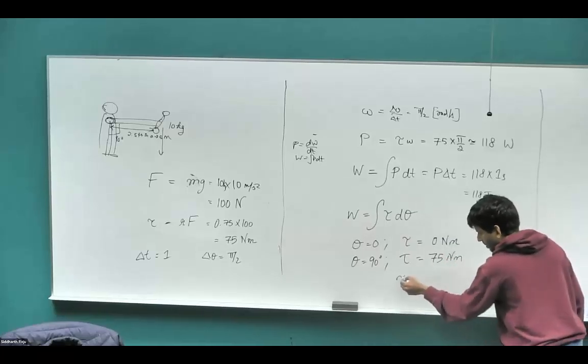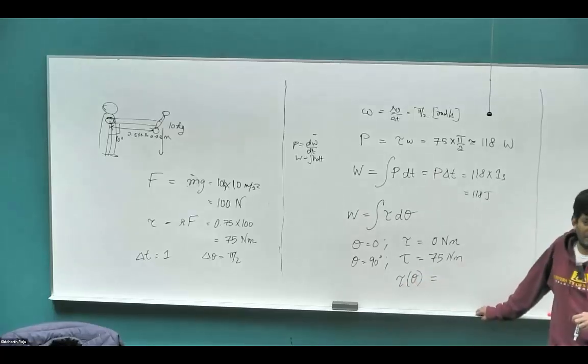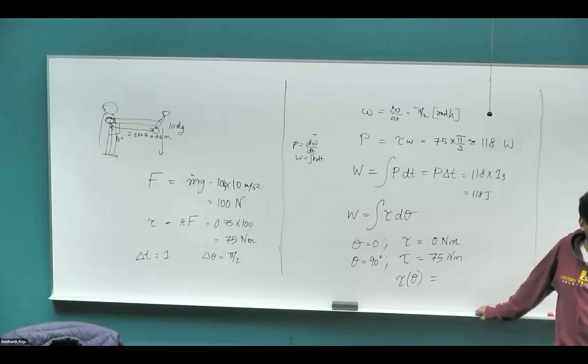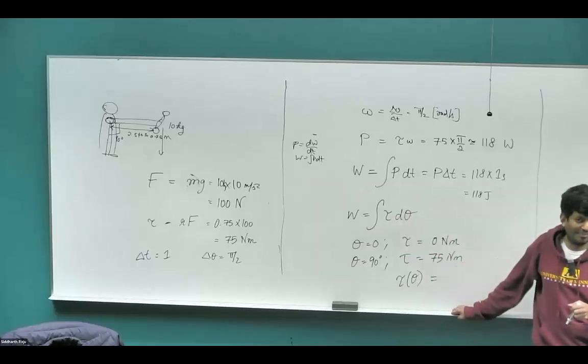What is it going to be for any particular angle theta? As a function of any angle theta, what is the torque going to be? Anybody? What function has a property that it has a peak at 90 and 0 at 0?